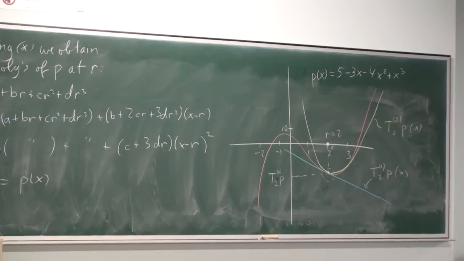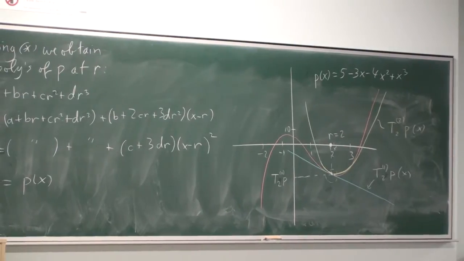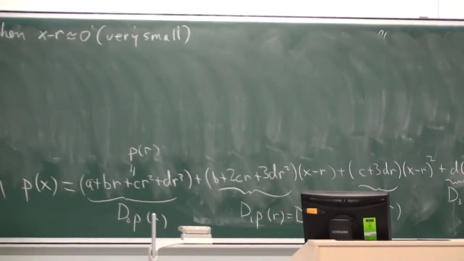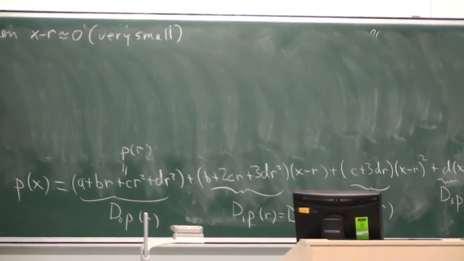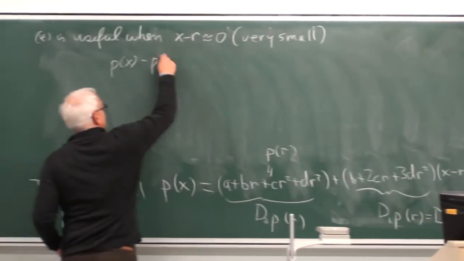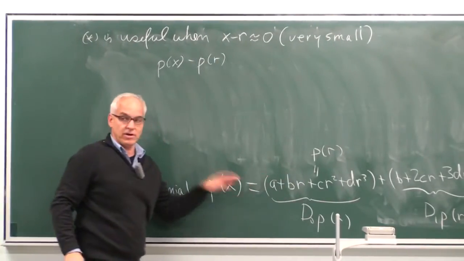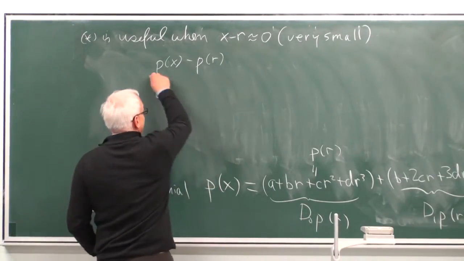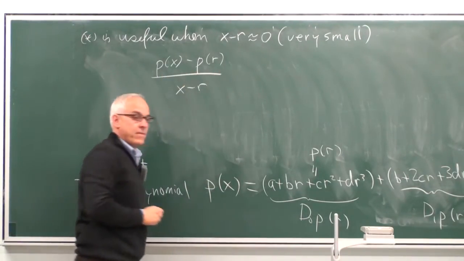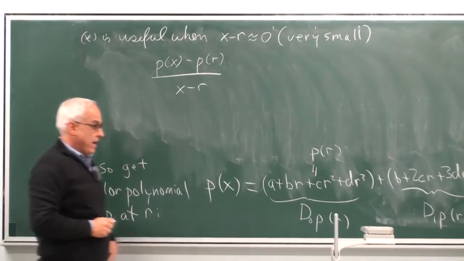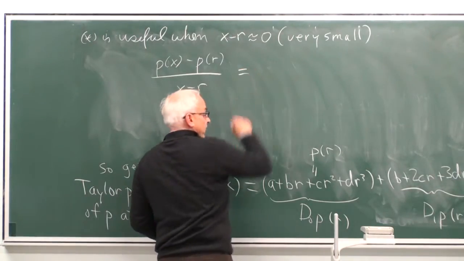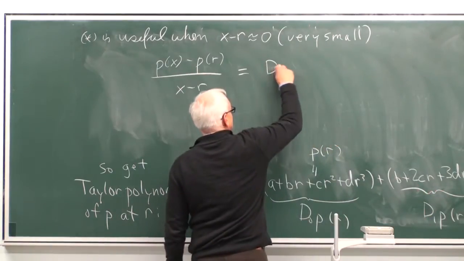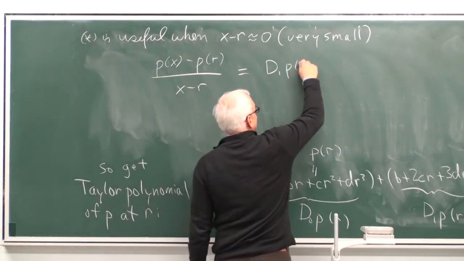Okay, so this thing here, of course, is just the function evaluated at r. And if we have a look at this expression, and if we look at p of x minus p of r, in other words, we take this thing to the left-hand side, and then divide by x minus r, then what's left on the right-hand side will be this term here, what we're calling d1p of r.